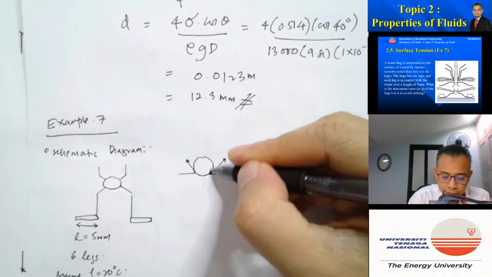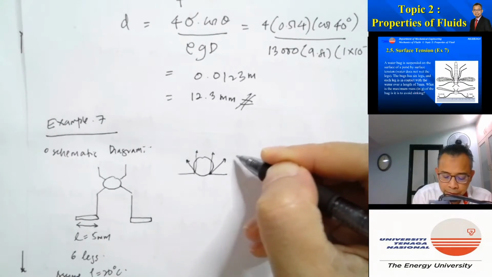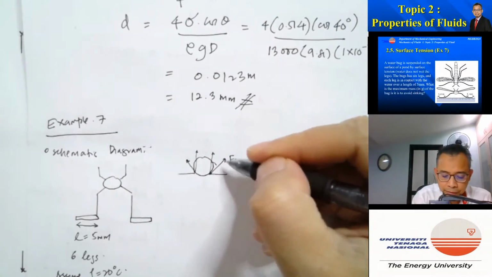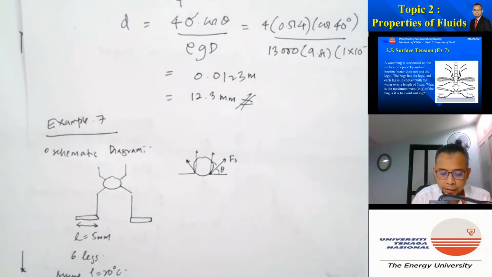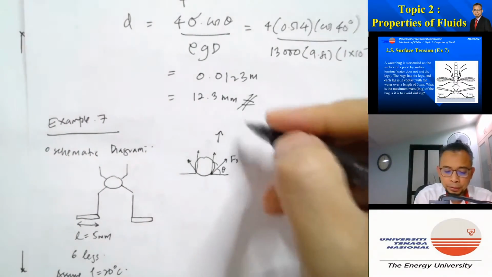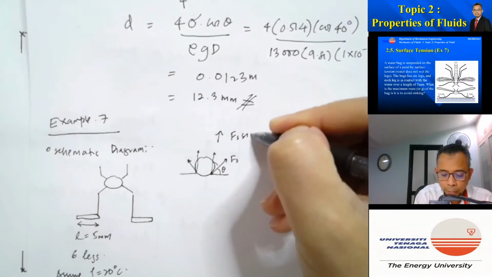And then the vertical component is, if I call this one F surface tension, and I call this angle theta, equal to Fs sine theta.